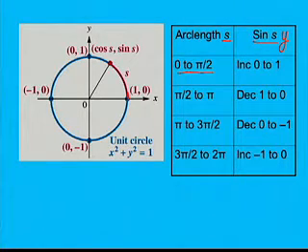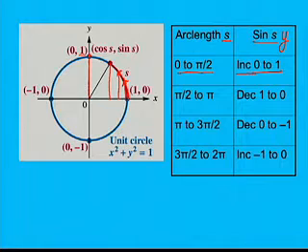So what happens? As I start to move along the arc of the unit circle, my y value is beginning to increase. That's why I've written here increasing from 0 to 1, because when we get right to pi over 2, the sine of S is equal to 1.